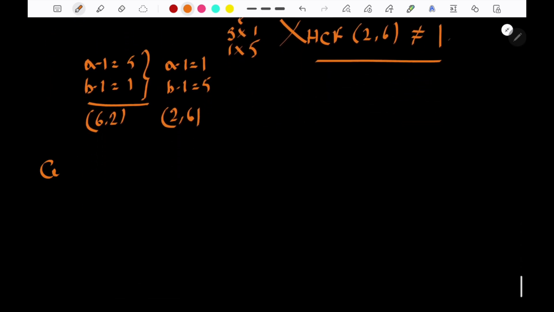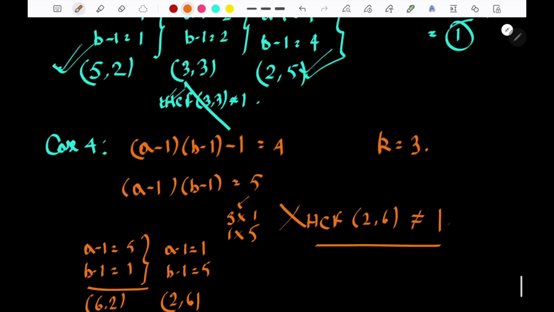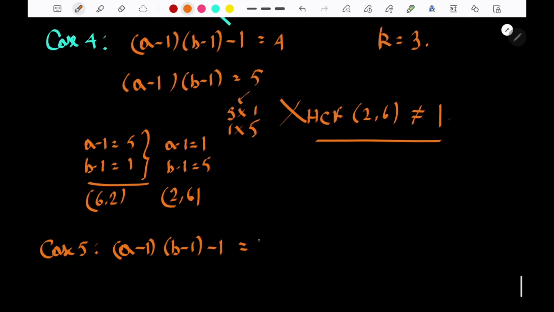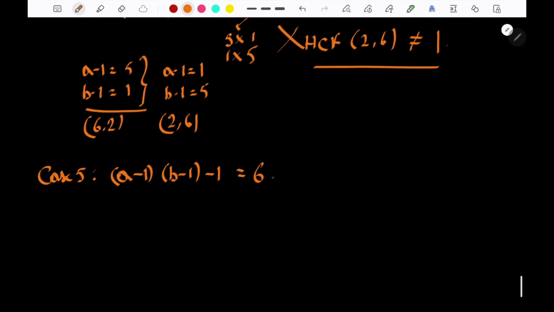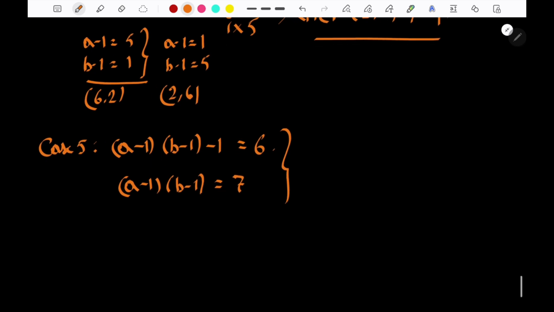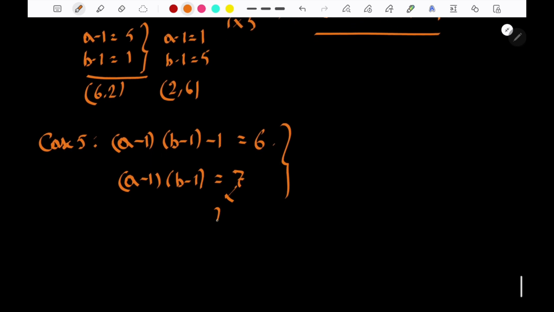Next, case 5. So, in case 5, (a minus 1) into (b minus 1) minus 1 will be equal to, I have taken the cases of 4, so again this will be 6. Then (a minus 1) into (b minus 1) is equal to 7. Next, 7 can be written as 7 into 1 or 1 into 7.